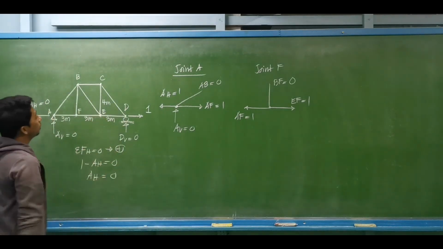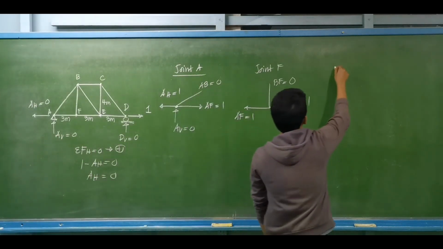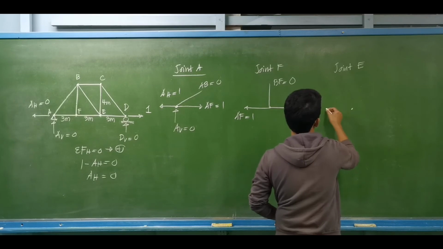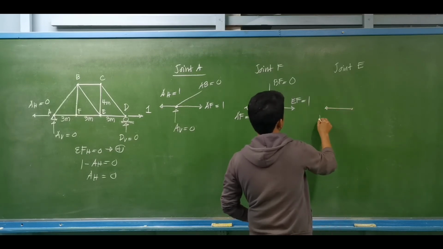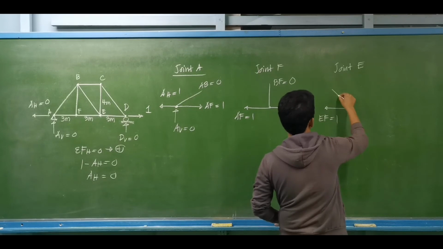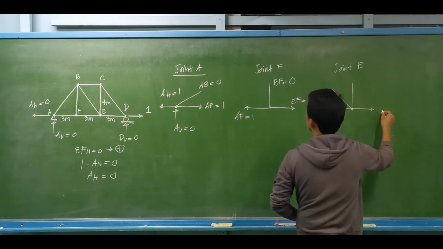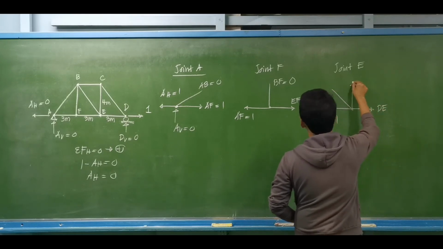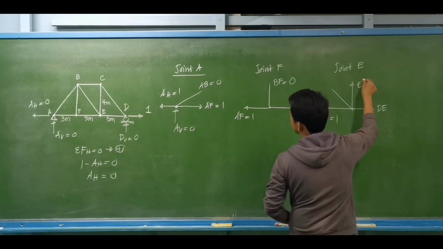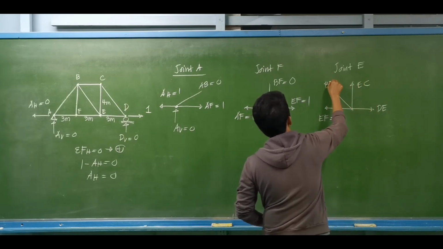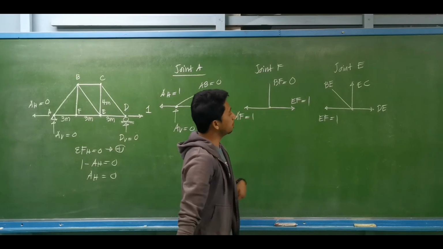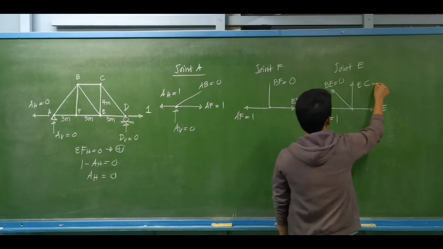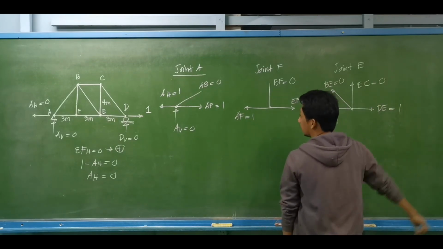Then we proceed at the next joint. We have EF equal to 1. Again, we don't have a vertical force, so BE will be equal to 0, EC will be equal to 0, and D is equal to 1.